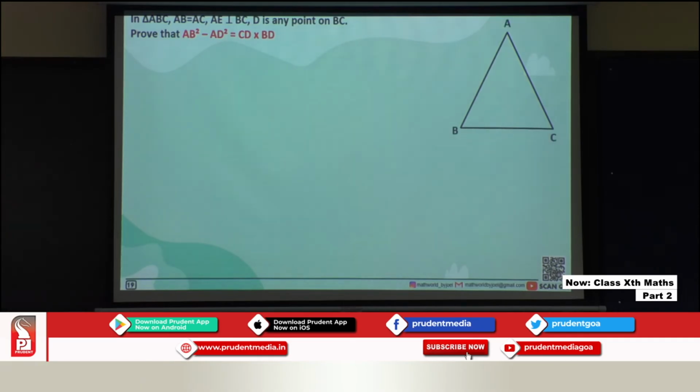So I have the sides done, and since they are equal, let me mark them equal. And AE is perpendicular to BC. D is some point on BC, right? So let me mark a point and join this. Now what are you asked to prove? You are asked that AB square minus AD square is equal to CD multiplied by BD.